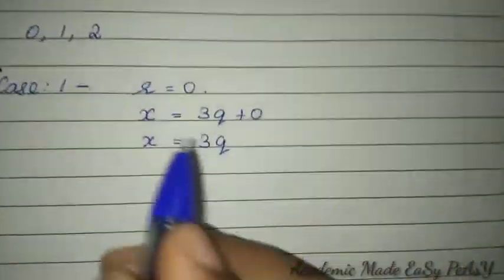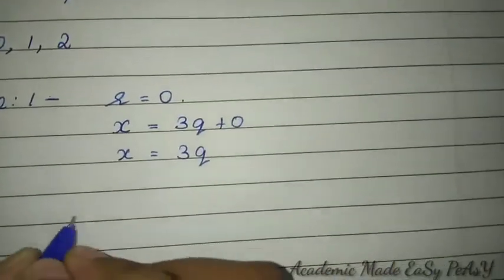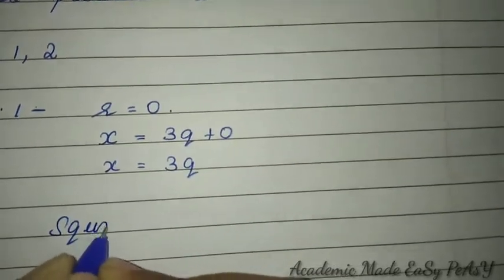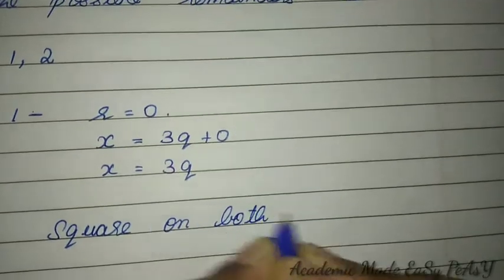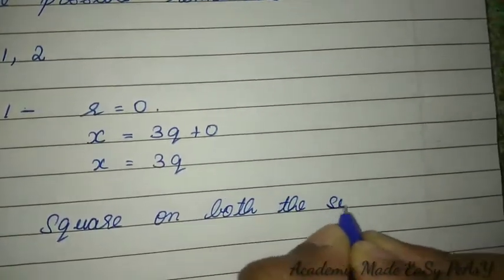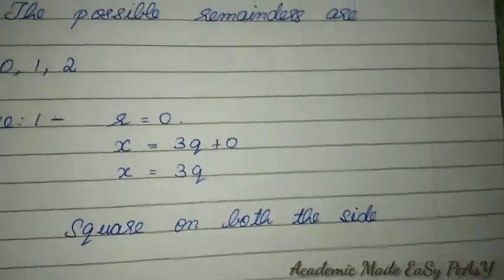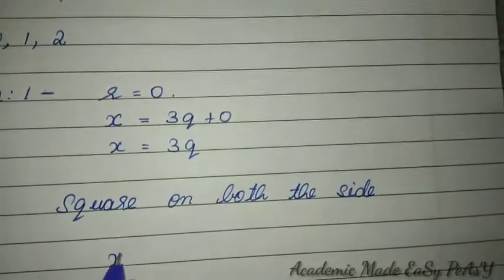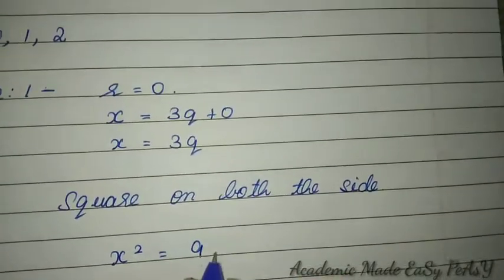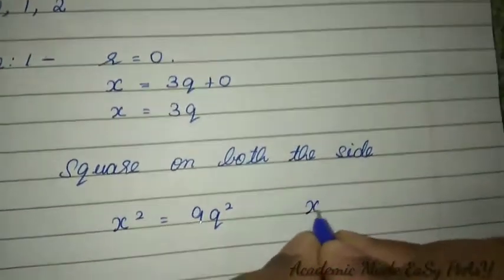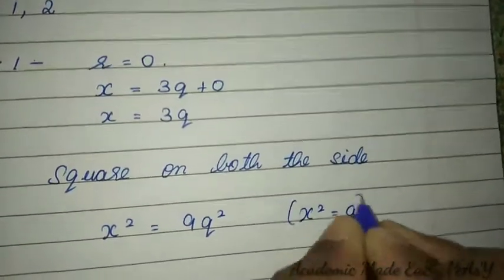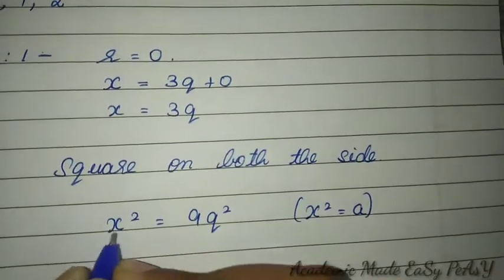So I'm taking square on both the sides. When I square, I will have x square is equal to 9q square. Now I will assume that x square is equal to a. Now did you understand why I wrote x square?